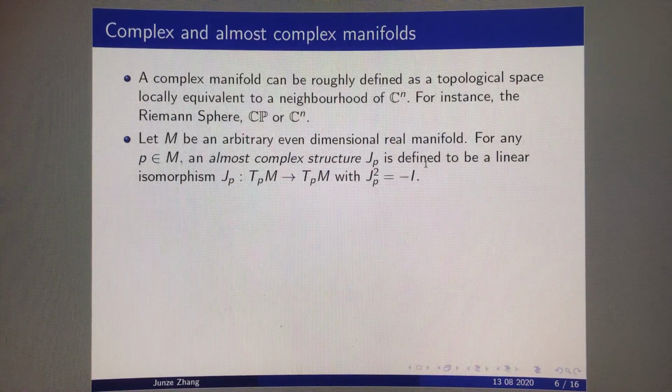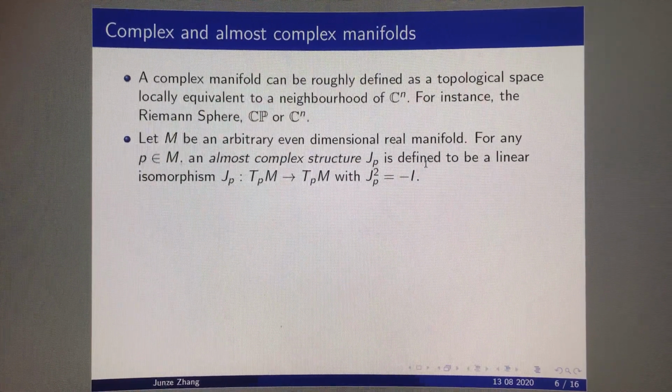This linear isomorphism varies smoothly over the entire tangent space. So we can extend this definition to the tangent bundle, so that an almost complex structure defined on the entire tangent bundle is a tensor field.